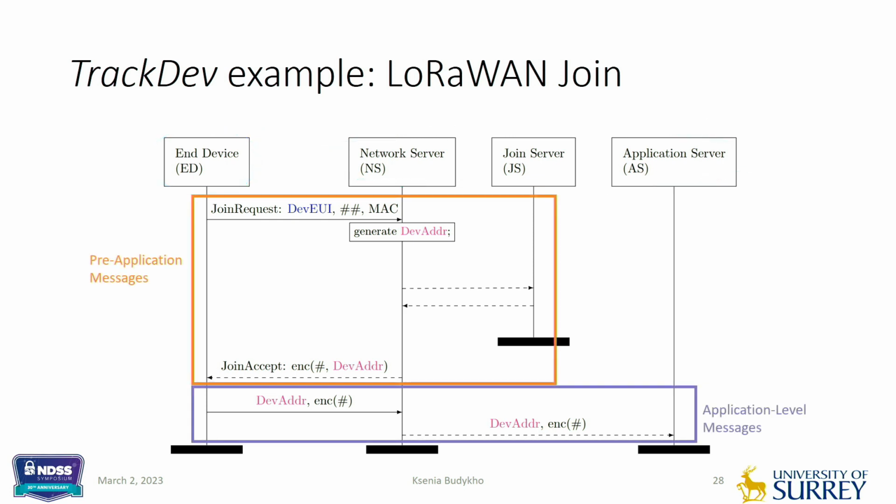The pre-application message is the user requesting to join the network with the join request message, and they use a permanent identifier, which is called DevEUI. Then there are some optional exchanges between the servers, and in these steps a temporary identifier is created called the DevAddr, which is then used in the application level messages by the device to actually access the network.